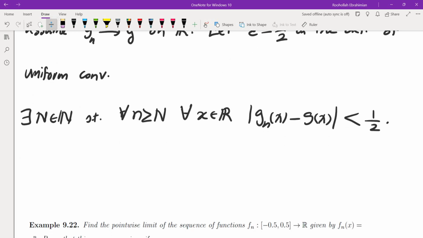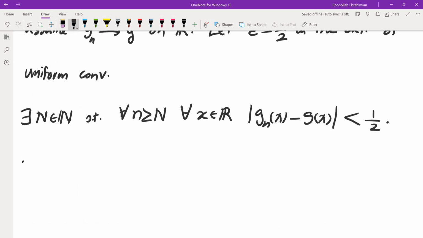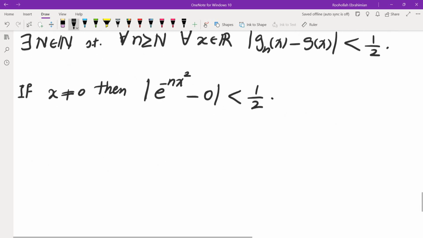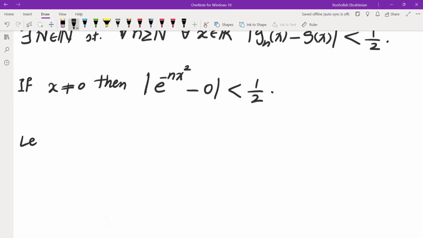Okay, so let's now substitute some x that is non-zero. That gives us e to the power of negative nx squared minus 0, because we know g of x is 0 when x is not 0. So that's less than 1/2. Now take a sequence that approaches 0, let x equal 1 over m.